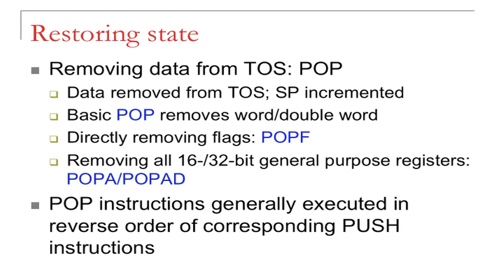It says generally, with exceptions. If you want to cause trouble or just purposely swap values of registers, you can do that. There's no way to prevent you writing that kind of instruction. But if you want to just use push and pop pairs to save state and restore state, then this reverse order should be followed.